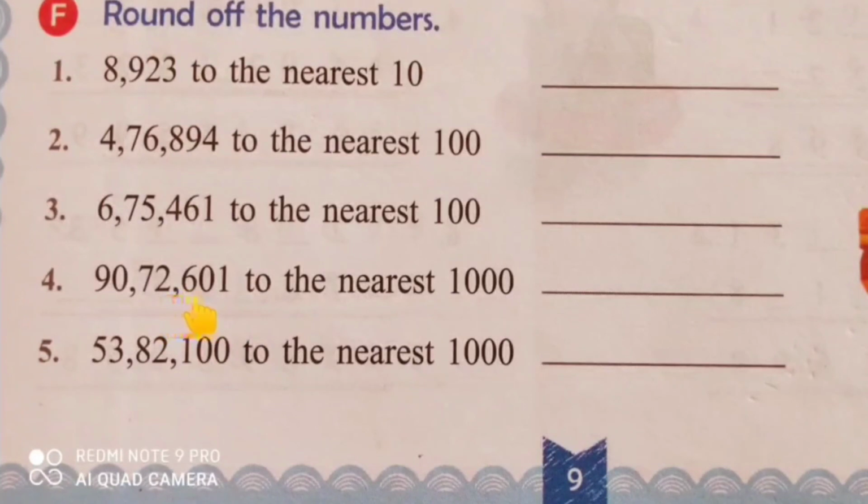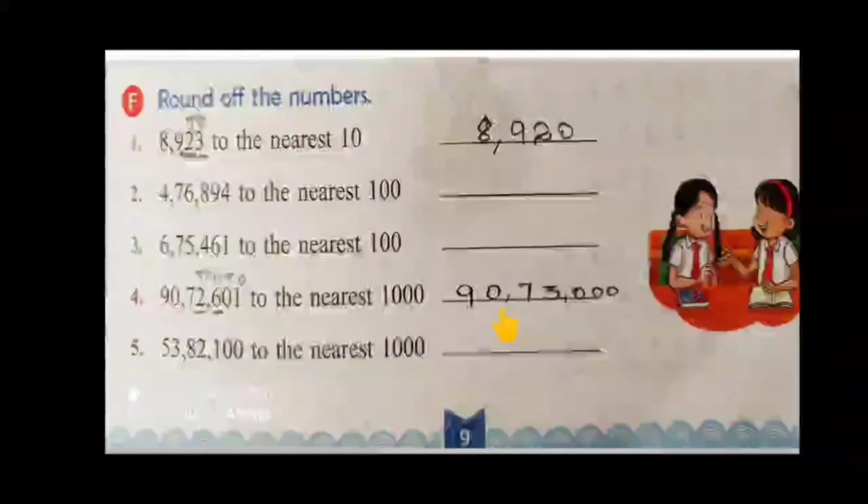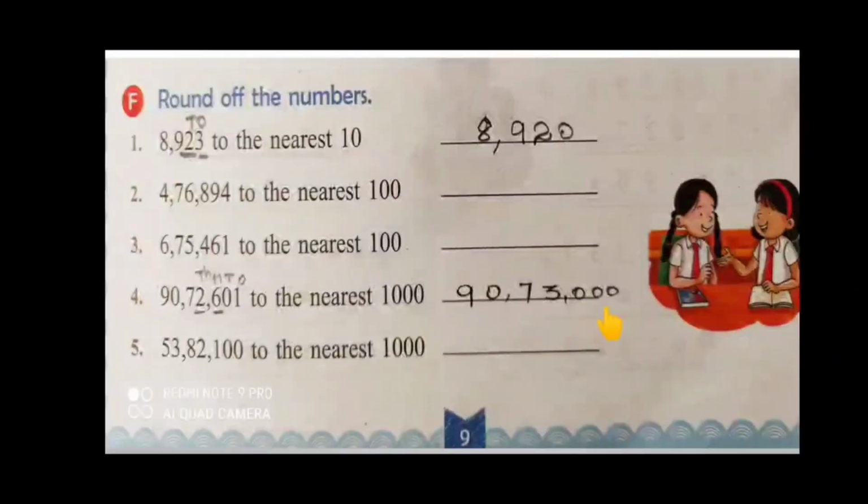So what do we have to do? We have to add 1. So the answer is 90,73,000. See here, the thousands place is 2, and we add 1 to make it 3. Is it clear, children?